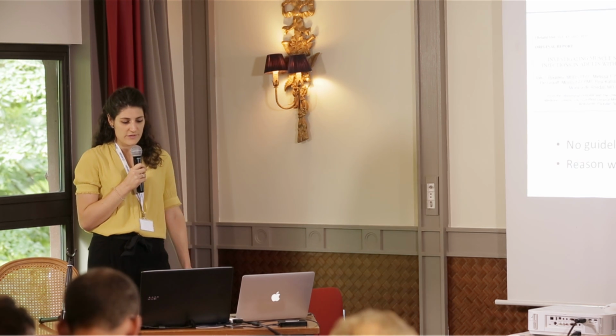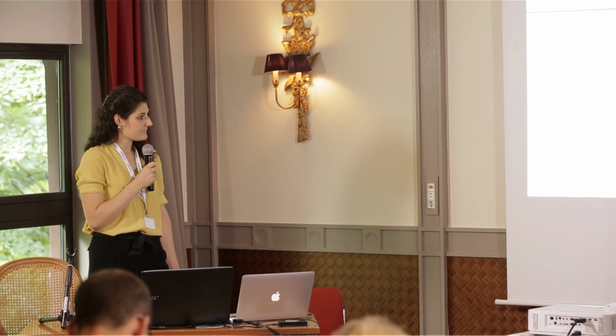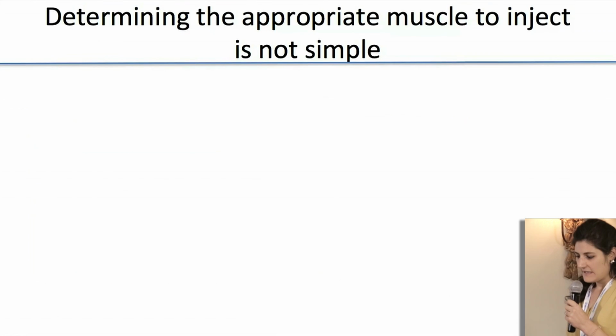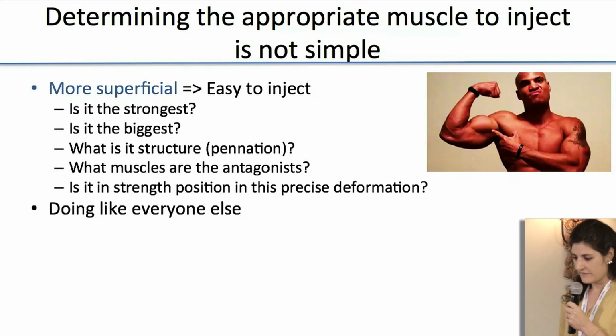And maybe that's the reason why studies fail to show botulinum toxin efficiency. Determining the appropriate muscle to inject is not simple. There are a few muscles involved in the same spastic pattern, so sometimes we choose the wrong muscle. It can be the most superficial because it's easy to inject.